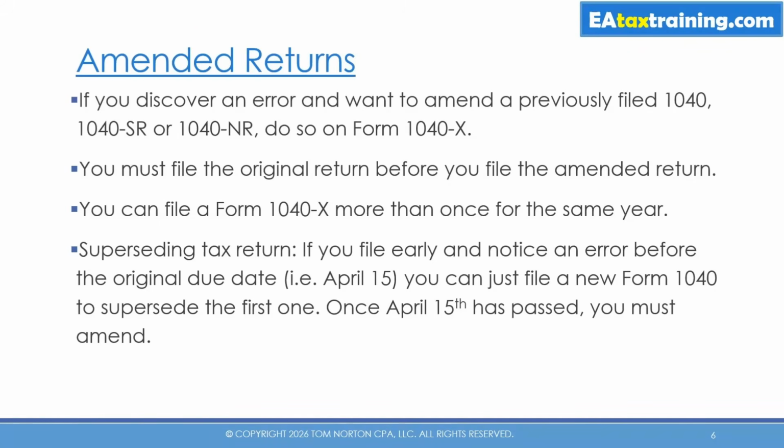You must, of course, file the original return before you can file the amended return, and you can file more than one 1040X for any given year. There is no limit on the number of amended returns that you can file. If you find a mistake, you can file a 1040X. Find another mistake later, you can file another 1040X without limit, as long as you do it within the time period that is allowed, that we will be talking about.